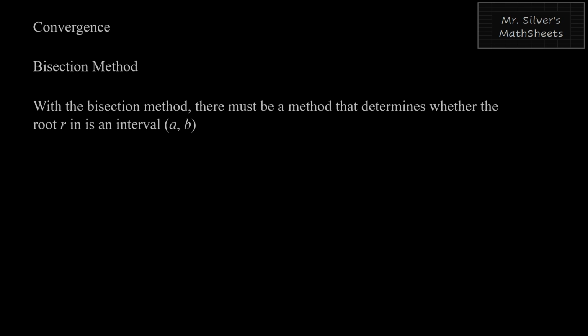Now with the bisection method, we're not going to talk about the mechanism for determining whether r is in an interval. We'll just know by looking at it whether it is or it isn't. But by definition, r is going to be in each of these intervals.